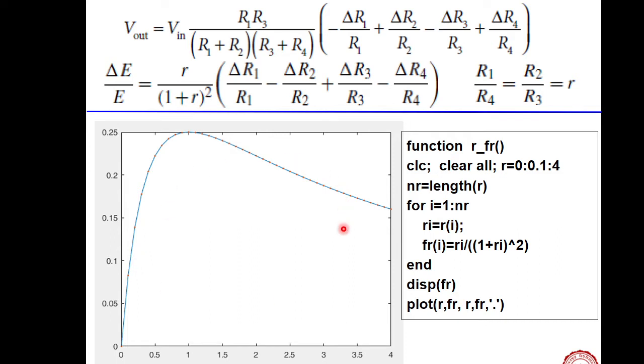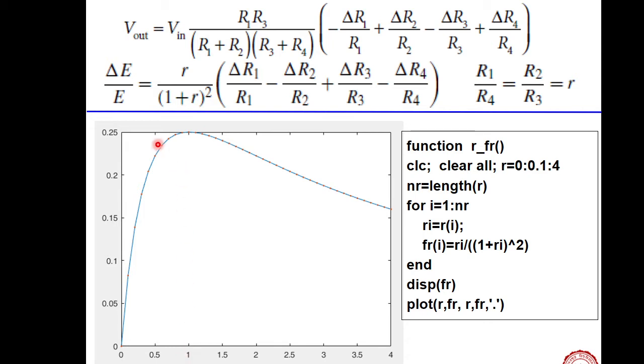So, what is the observation from here? This maximum value can go up to 0.25 only, not more than that. And what is the corresponding R value for which the function of R is maximum? This value is obviously 1.